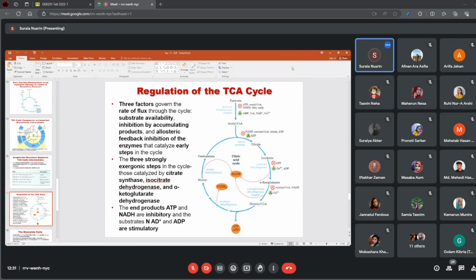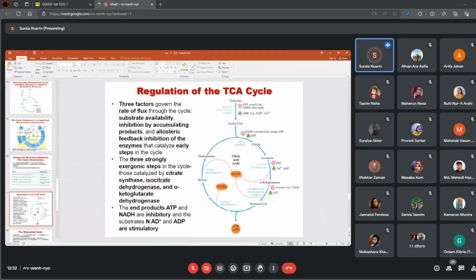Citrate synthase, which catalyzes the very first step, condensation of oxaloacetate with acetyl CoA. Then isocitrate dehydrogenase, that is the first reaction where NADH is produced. And third one is the alpha ketoglutarate dehydrogenase.